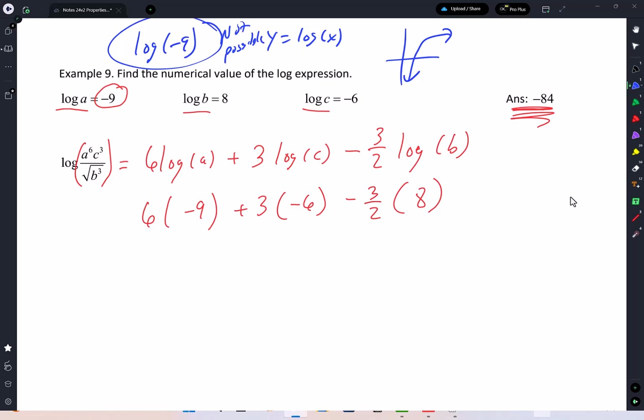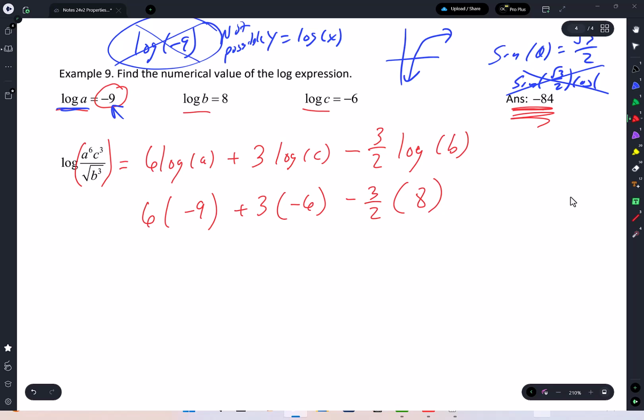Log A is negative 9, not log of negative 9. Do you know what I mean? You guys love to do that for sine as well. Like when we did the composite argument property, sine A plus B, you guys love to go sine squared of 3 over 2, cosine. And I'm like, man, guys, stop. When do I ever do that? Okay. Don't do that.